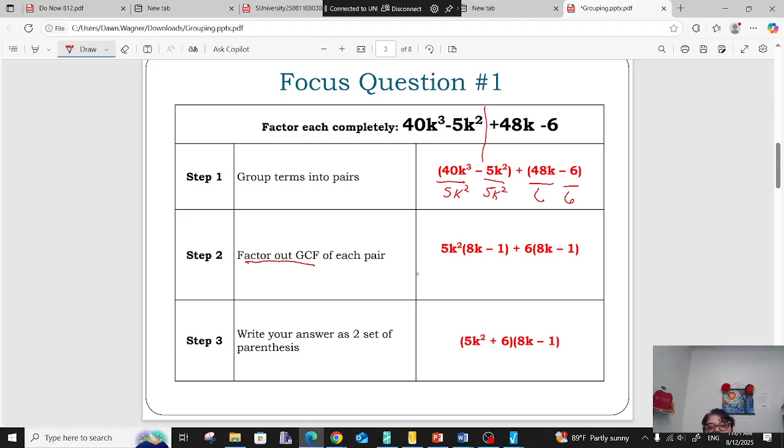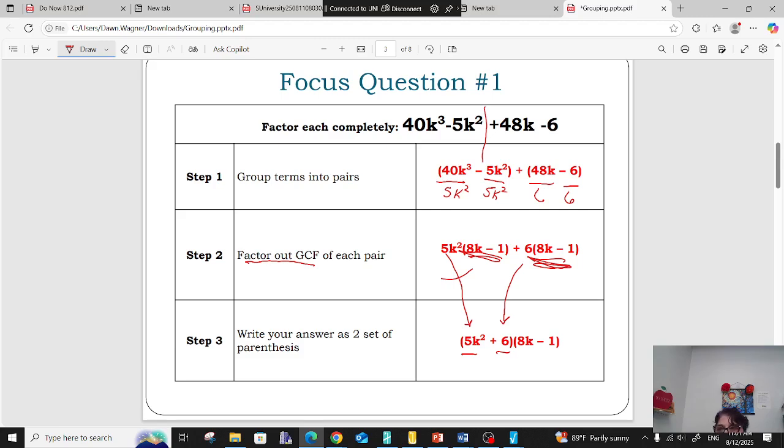Are these two exactly the same? Yes. So this stays in its own parentheses, and you put the greatest common factors in these spots right here. And that's factoring by grouping.